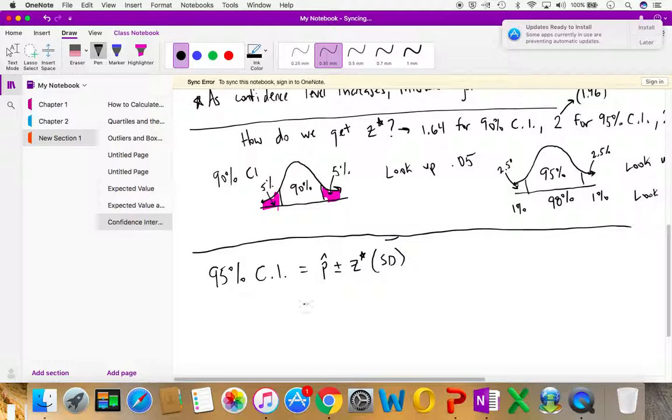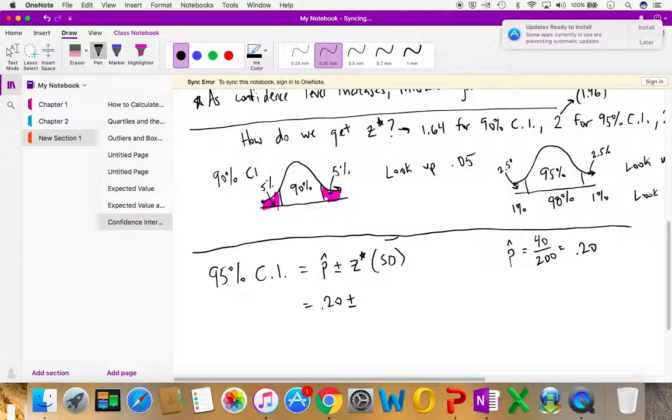Okay, so let's quickly calculate p hat over here. We've been throwing out that it's 20%, but just why is it 20%? Well, we have 40 people out of 200, which gives me, again, that percentage of 20%. So our equation is going to look like this, 0.20 plus or minus.